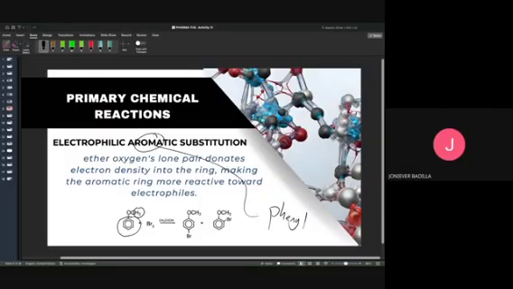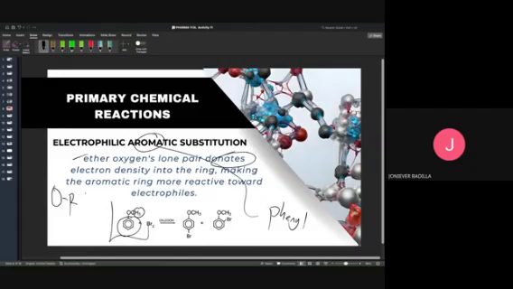Suppose we have already from your lecture discussion, suppose we have already your anisole base. They will readily undergo what we call as your electrophilic aromatic substitution. So specifically, under this type of chemical reaction, the ether oxygen's lone pair will have to donate already the electron density into the ring. So if this will happen, this will allow already your halides to again bond to your phenyl group.